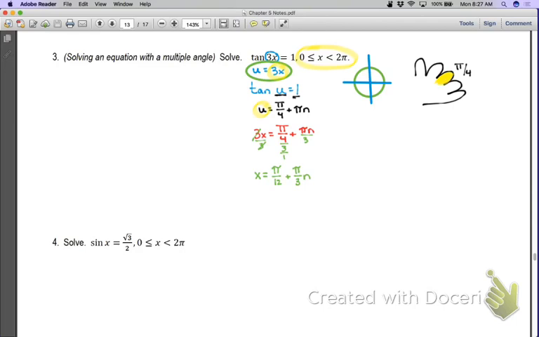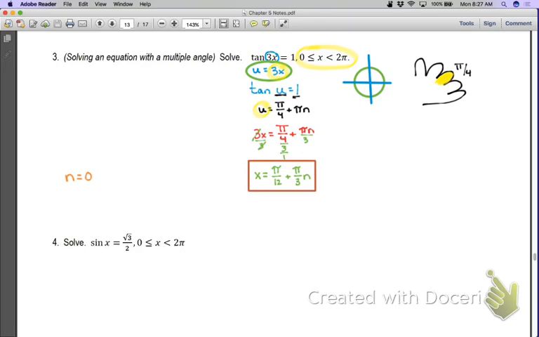So if it's between 0 and 2 pi, how many different spots do I normally have? Okay, so basically I'm going to start with 0, and I'm going to let n equal 0, and plug that into my equation here.